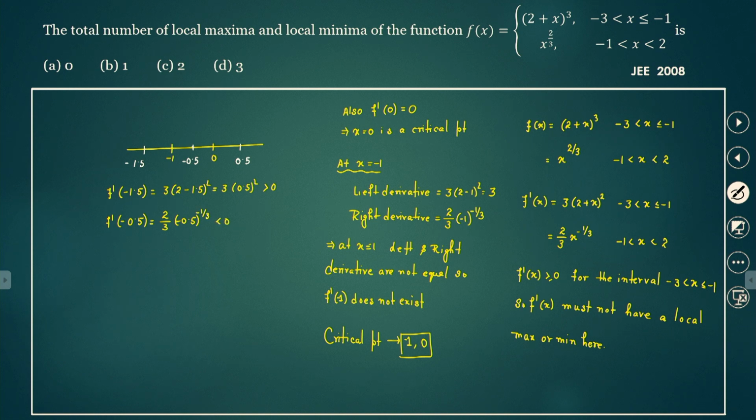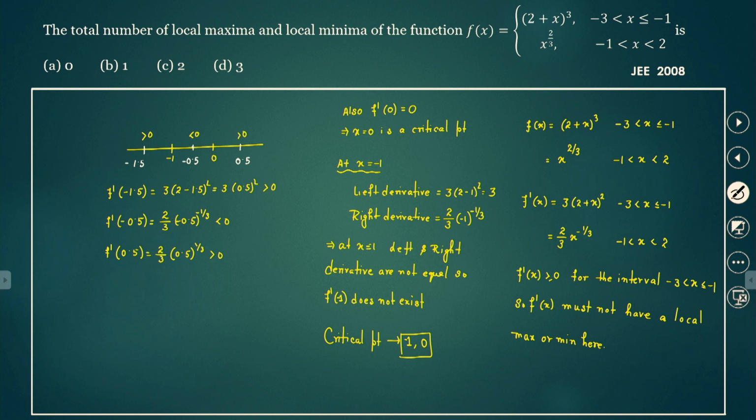Again we need to calculate f dash of 0.5. That gives me 2 by 3 into 0.5 whole to the power 1 by 3, greater than 0. So therefore at minus 1.5 it is greater than 0, here it is less than 0, and again at 0.5 it is greater than 0.